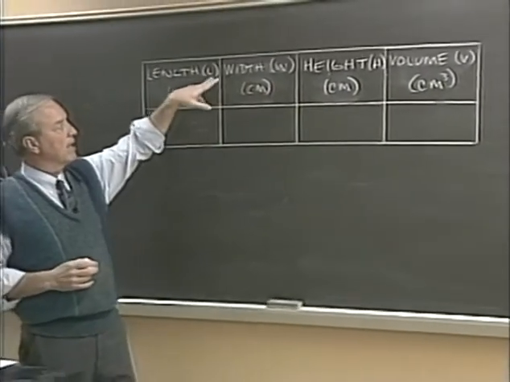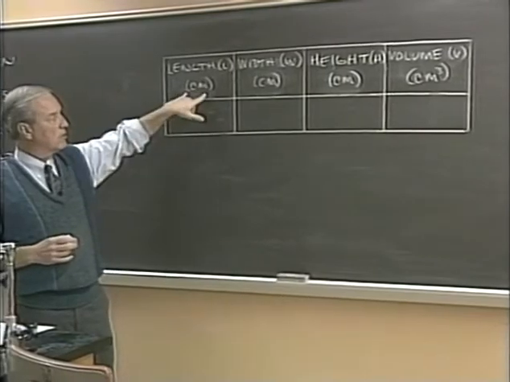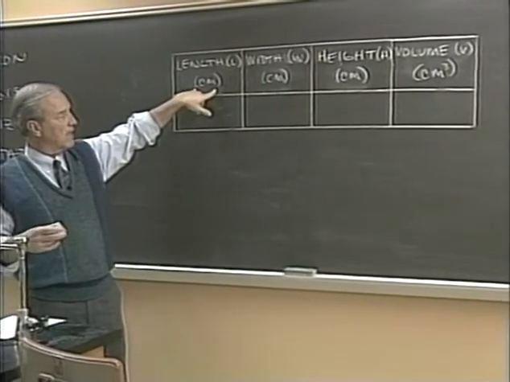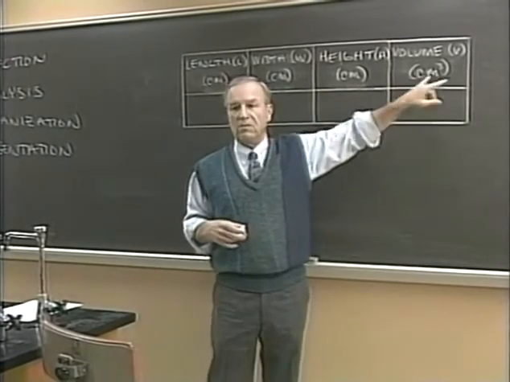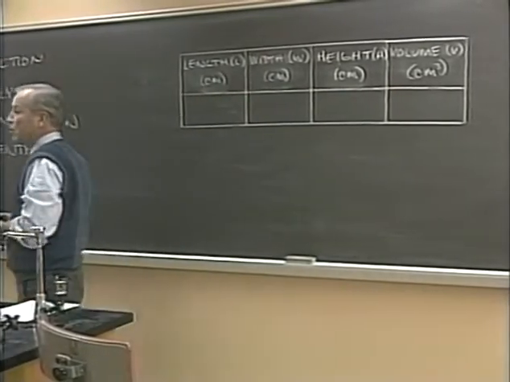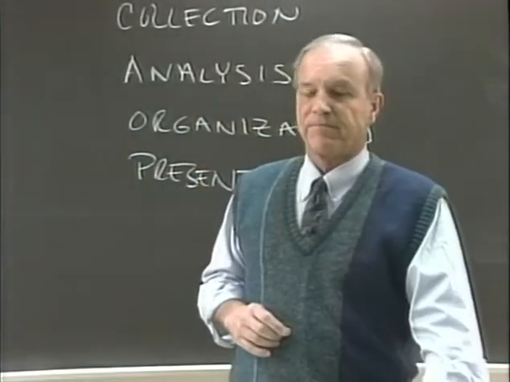We've got the abbreviated names L, W, and H in here, and V for volume. The units for each one of these are centimeters, centimeters, centimeters, and our volume is going to be calculated in centimeters cubed. So we've prepared our data table to put in the data.